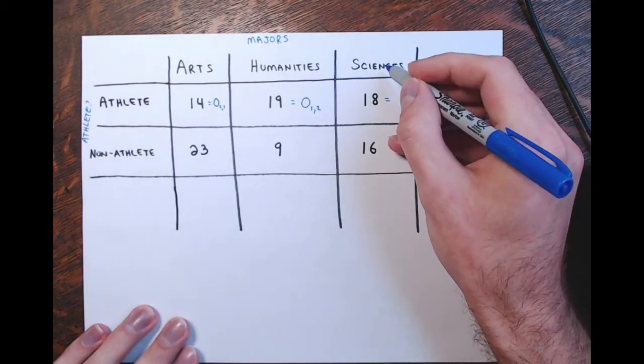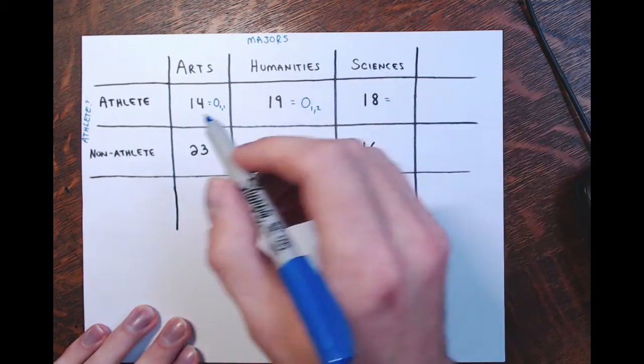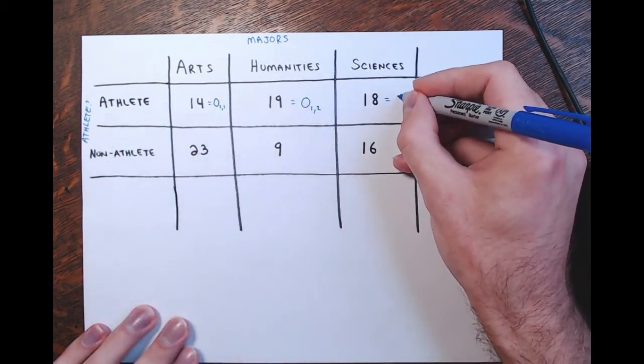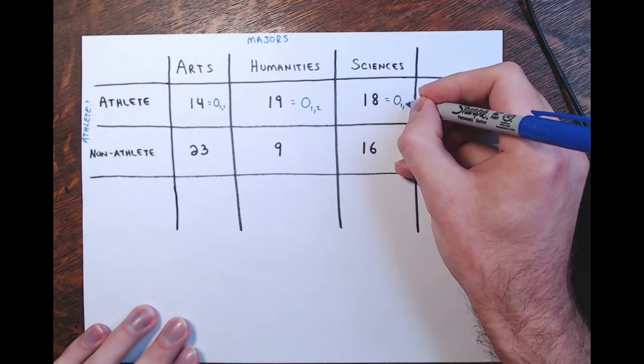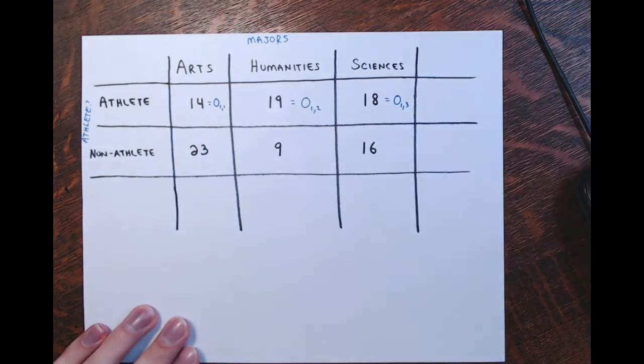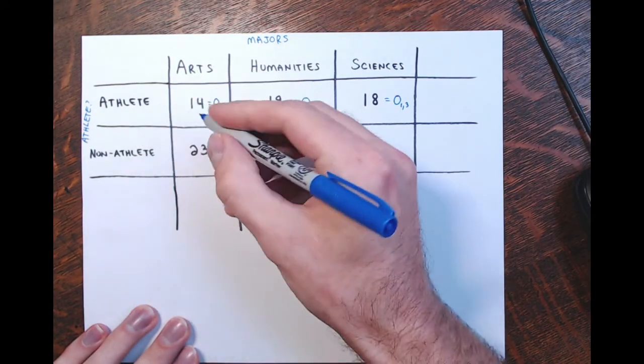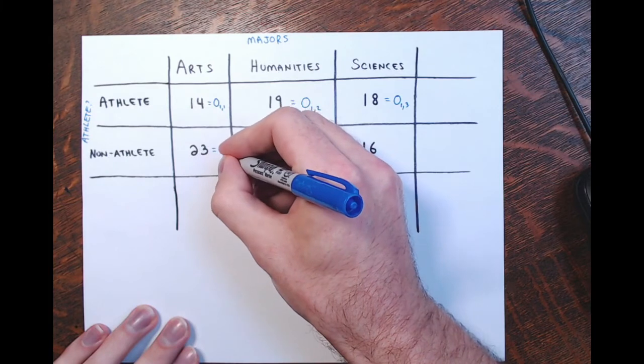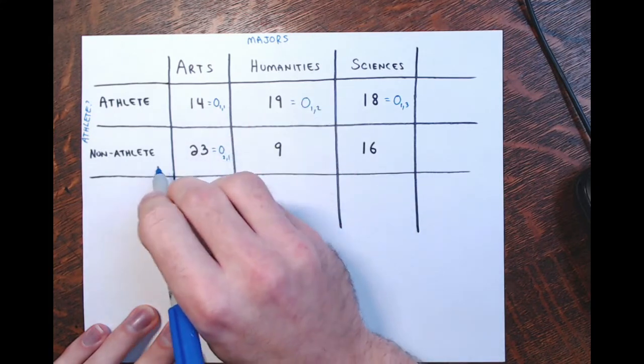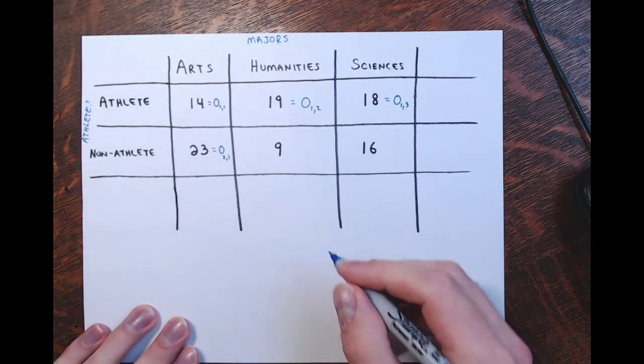And 18 students majored in sciences and were athletes, and I'll call this O13 because it's in the first row, third column. Then 23 students majored in arts and were non-athletes, and I'll call this O21 because it's in the second row, first column.